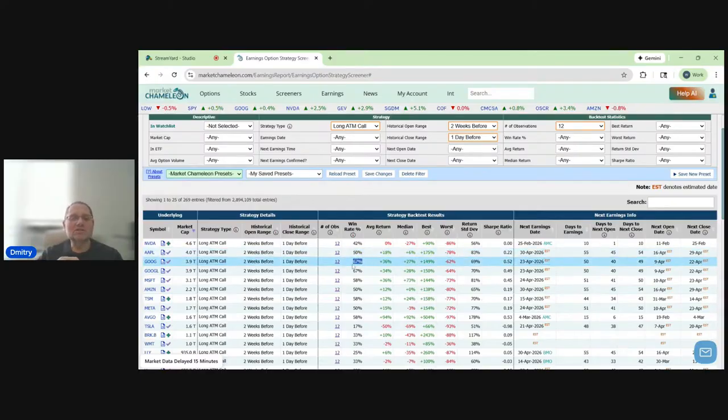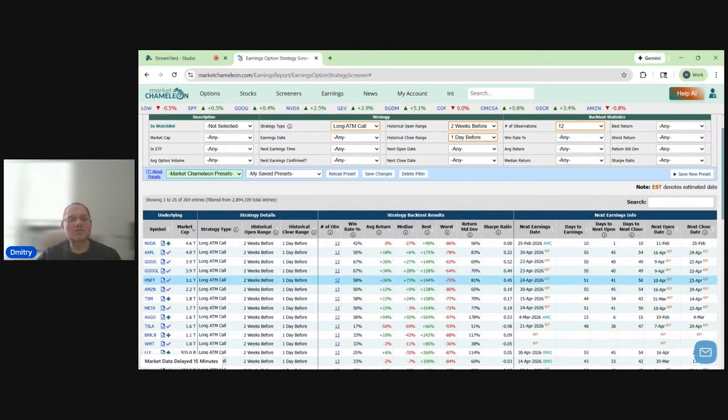Google 67% of the time that the money call was profitable with an average return of 36%. Microsoft 58% of the time was profitable with an average return of 36%. So here, at least from a historical basis, it looks like the long call performed better than just the at the money straddle given this time frame.